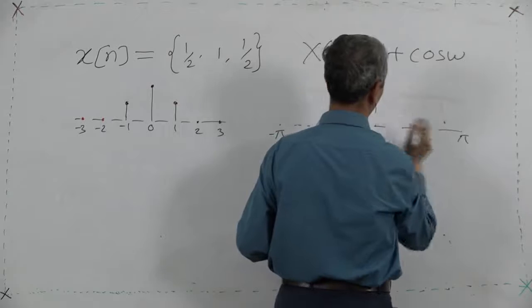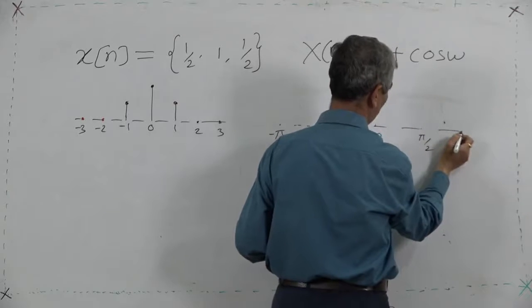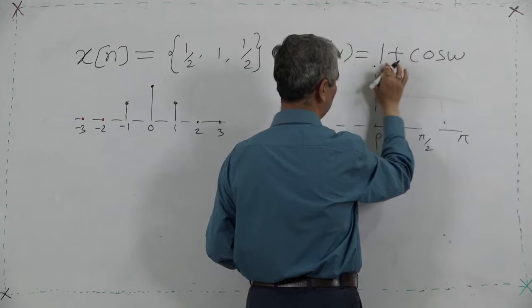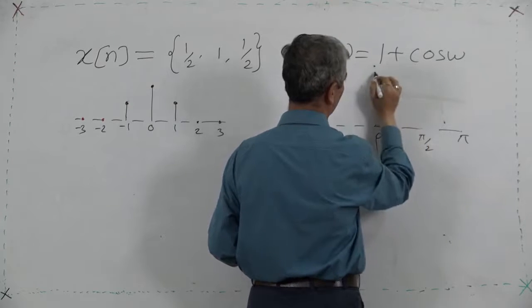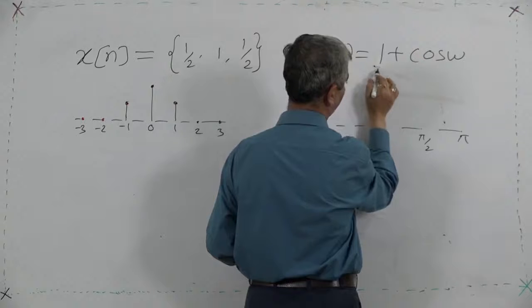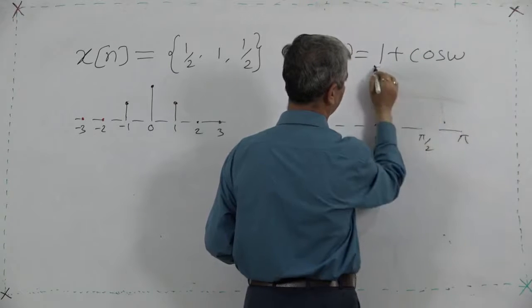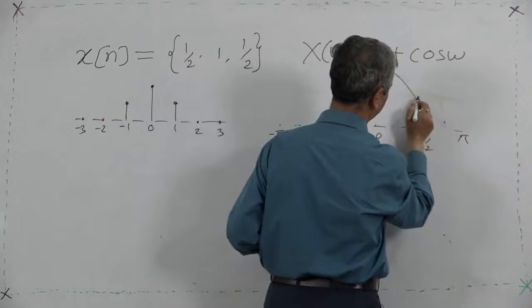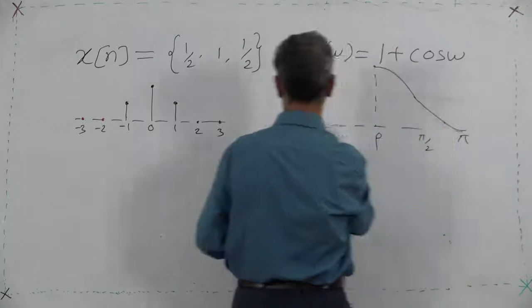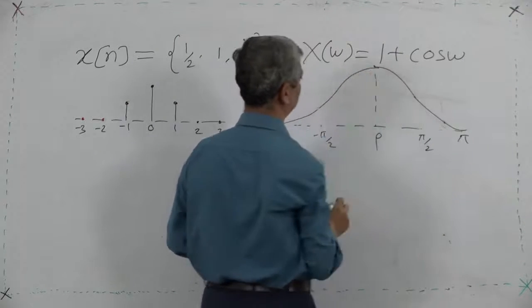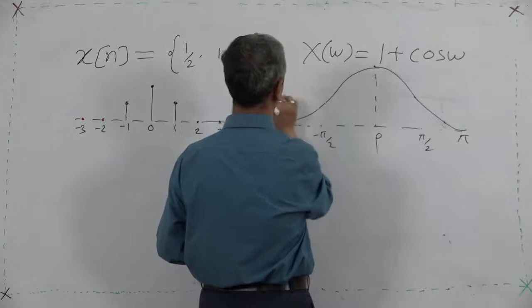At omega equal to pi, cos omega is minus 1, so 1 plus this is 0.